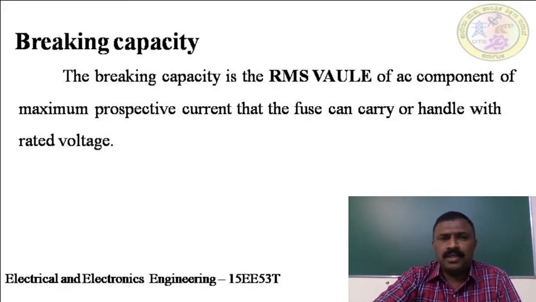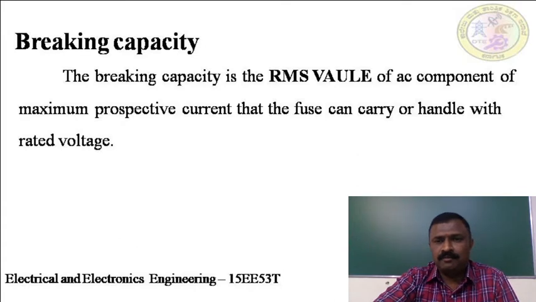So then we'll see what is the breaking capacity of a fuse. The breaking capacity is the RMS value of the AC component of the maximum prospective current that the fuse can carry or handle at the rated voltage.